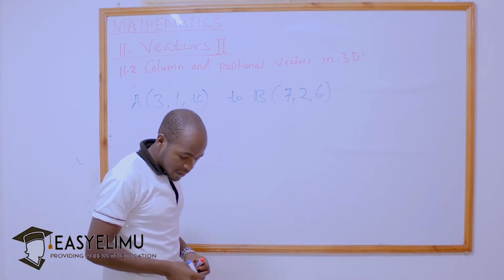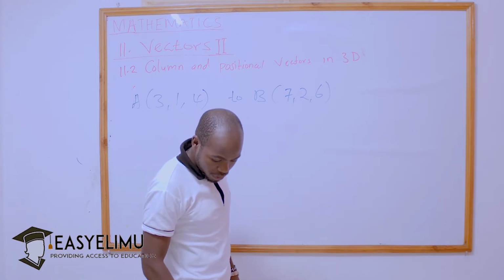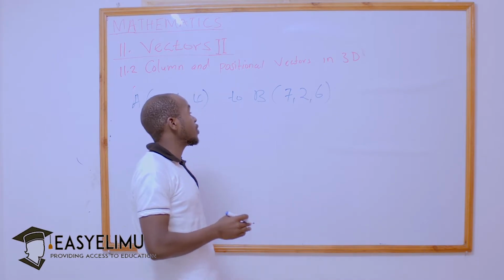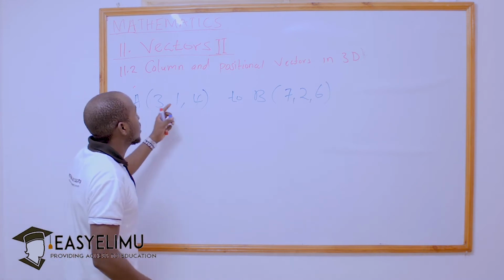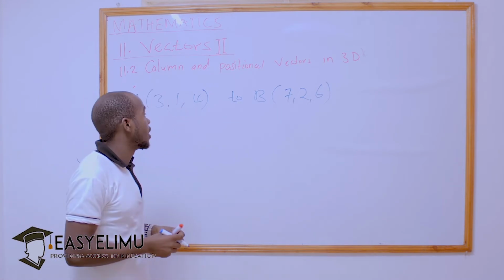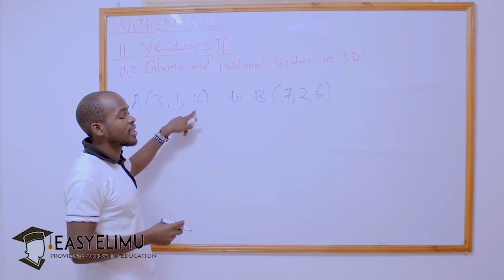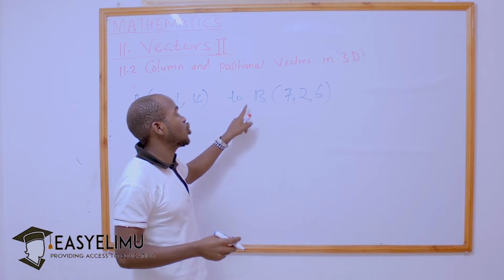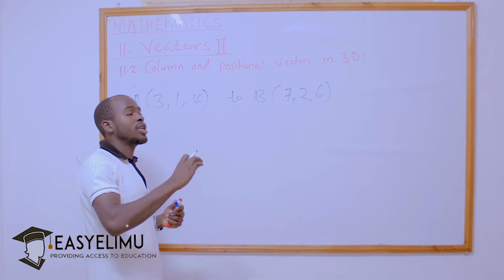And we are being asked to find, or for example, you can represent this in positional or column vector. Let's represent them in a column vector. Since these are the positions of that point, it was at a position A with 3, 1, 4, but was displaced to a position B, which is 7, 2, 6. So we can find that vector in which it moved.